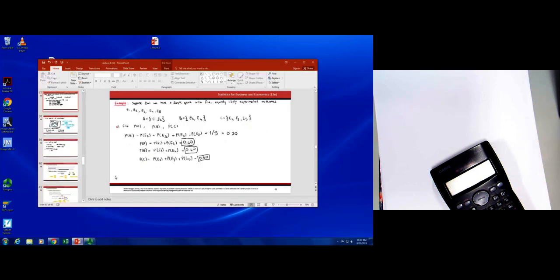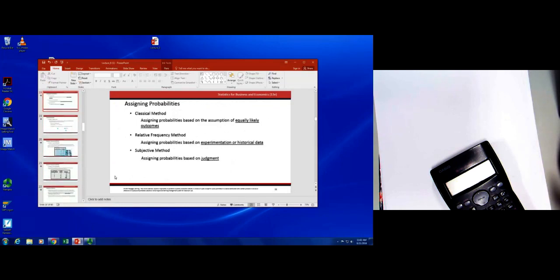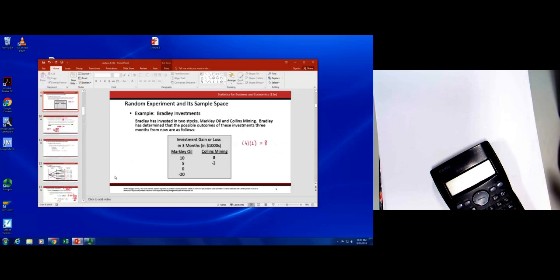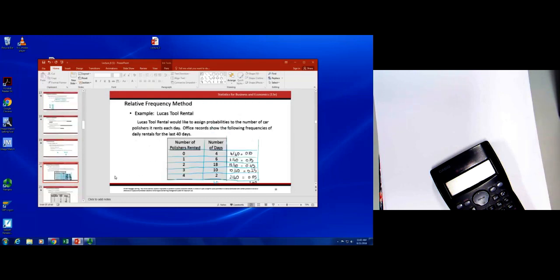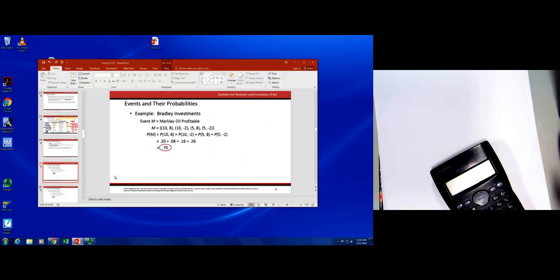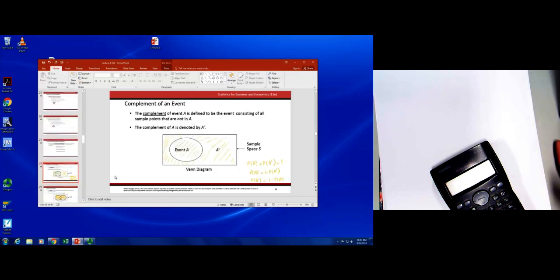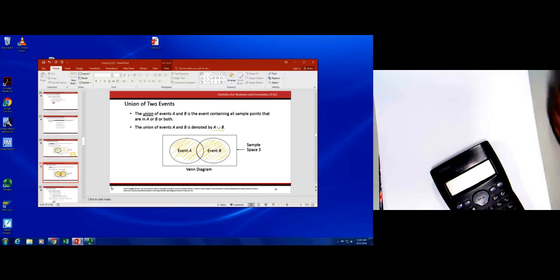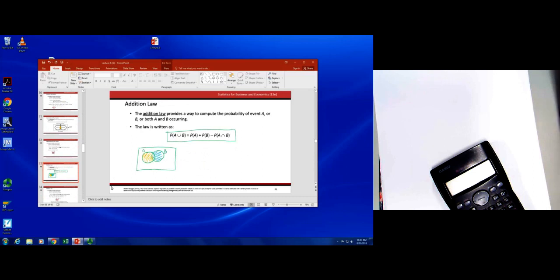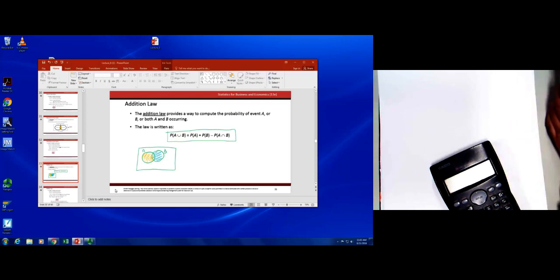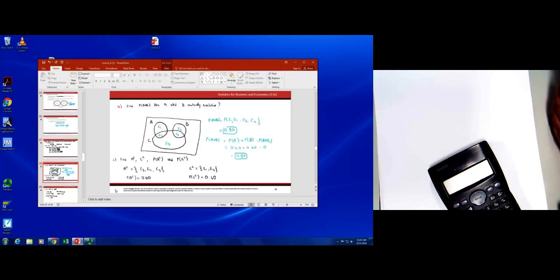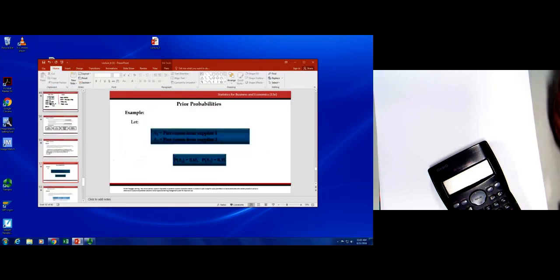So far we discussed the events, we discussed counting rules, experiments, sample space, how to calculate the probability of an event, basic rules for assigning the probabilities, some basic relationships like complement of an event, union of two events, intersection of two events, addition law, mutually exclusive events, independent events, the difference between mutually exclusive and independent events, and the conditional probability. So then later we will discuss the Bayes theorem.